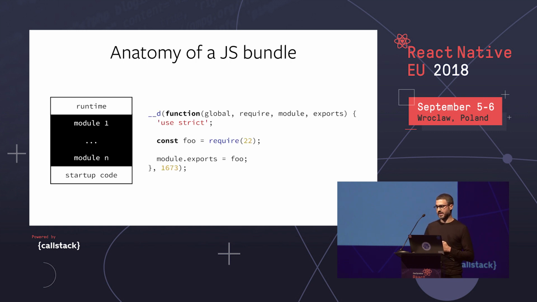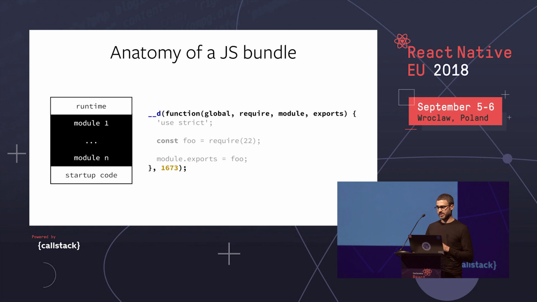To include a module, it has to be registered into the runtime. And for this, we call the __d function, or the define function that we have just seen. So the first thing that we do is to wrap the whole module source code inside this __d function.